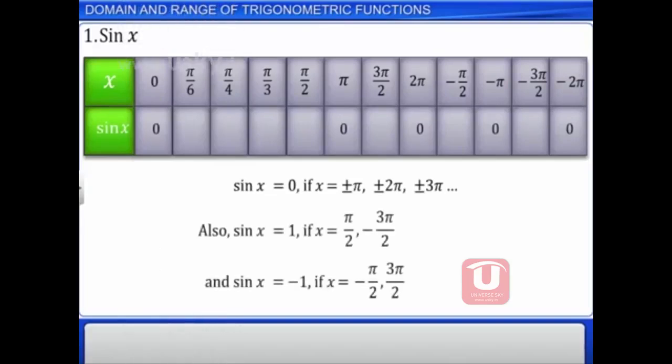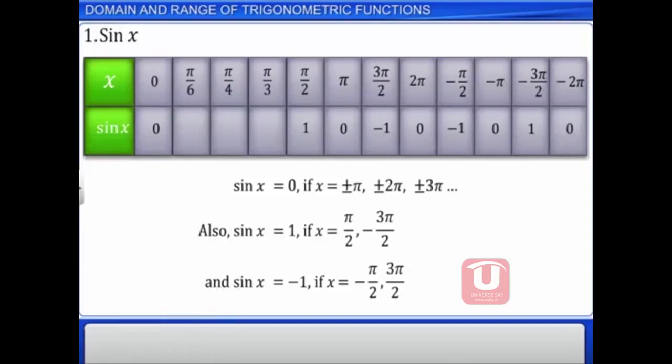Also, sin x is positive in the first and the second quadrants, and negative in the third and the fourth quadrants. Therefore, sin x is equal to 1 when x is equal to pi by 2 and minus 3 pi by 2. It is -1 when x is equal to minus pi by 2 and 3 pi by 2.